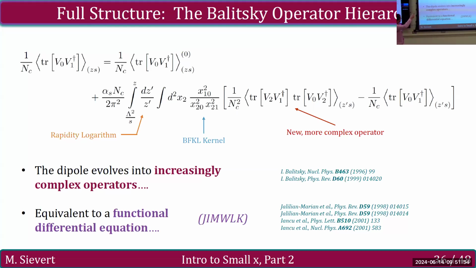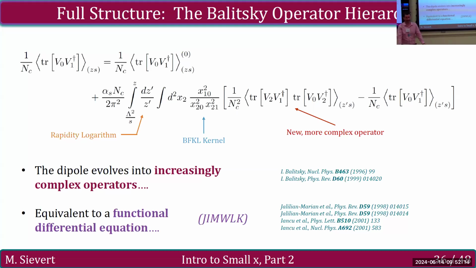You have a simple operator to begin with, and your quantum evolution tries to transform it into a much more complicated operator. This is really complicated because now if I try to do 2 steps of evolution, my dipole became something more complicated. This more complicated object is going to become something even more complicated at 2 steps of evolution.